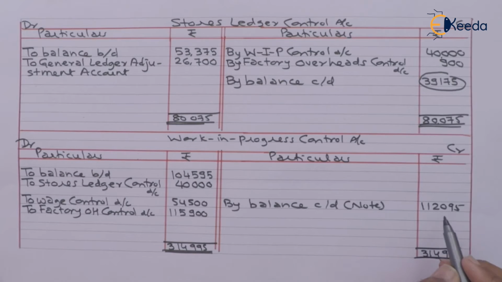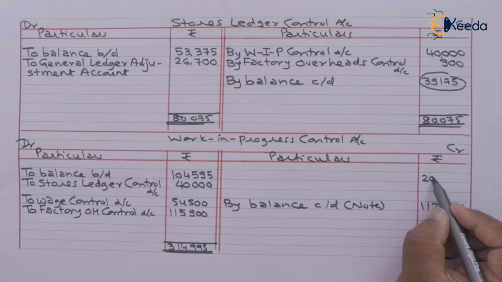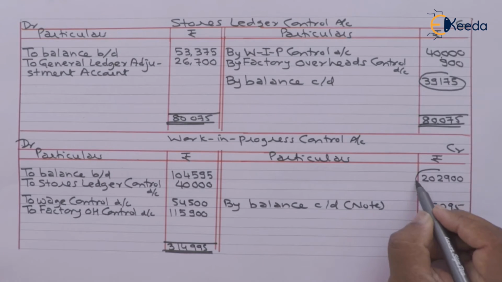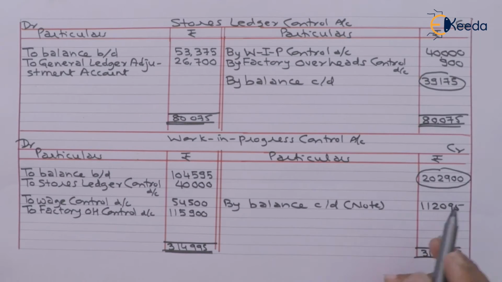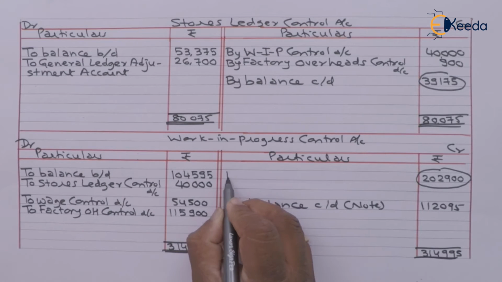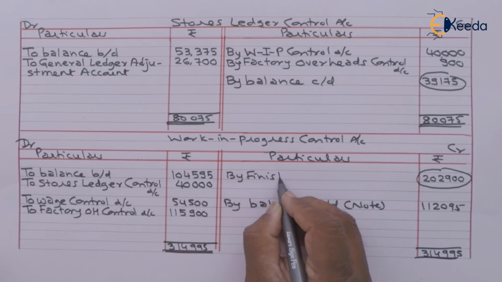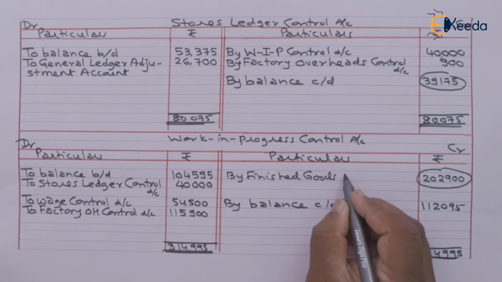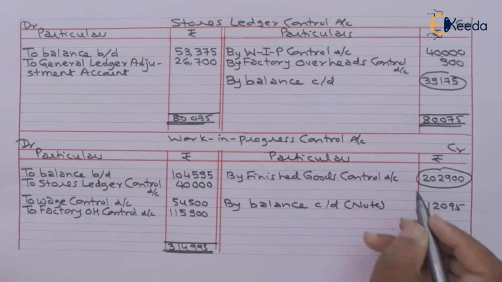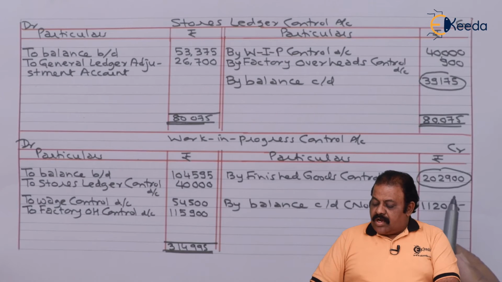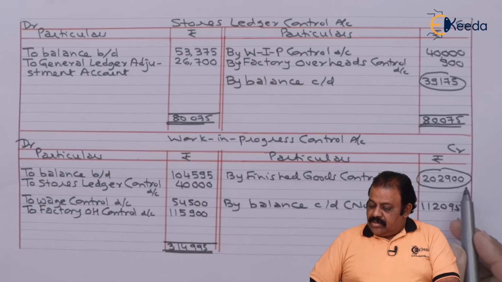3,14,995 minus pre-given closing stock 1,12,095. So difference is 2,02,900. This will be transferred to finished goods. By finished goods control account, 2,02,900.